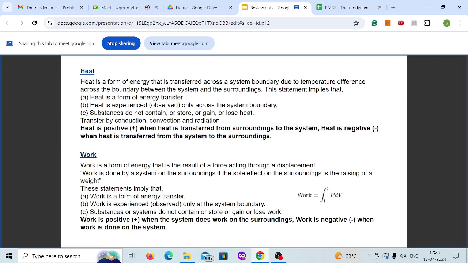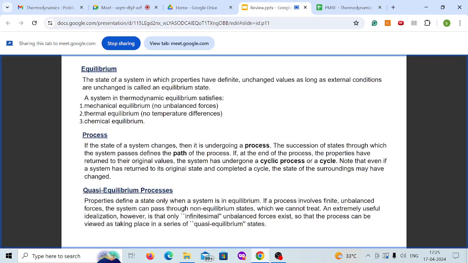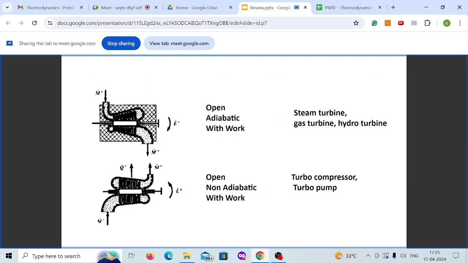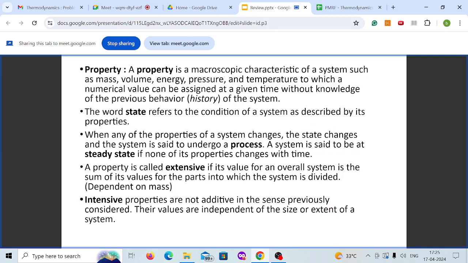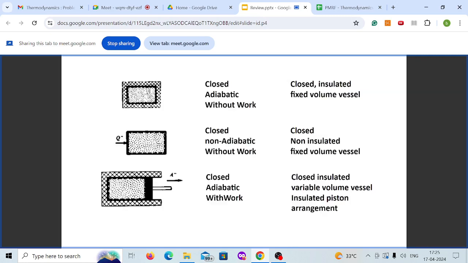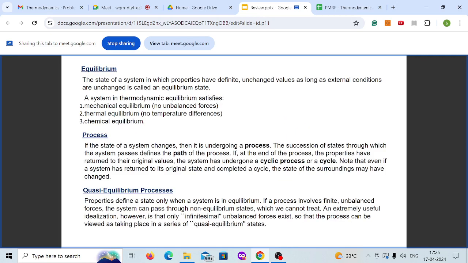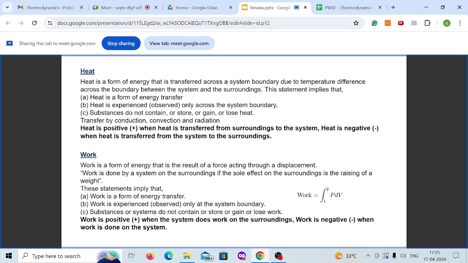We saw heat and work, and the functions also. There is something called a state function and a path function. State functions are properties which are based on the state, and they don't have any impact from the history. Heat and work are path functions.